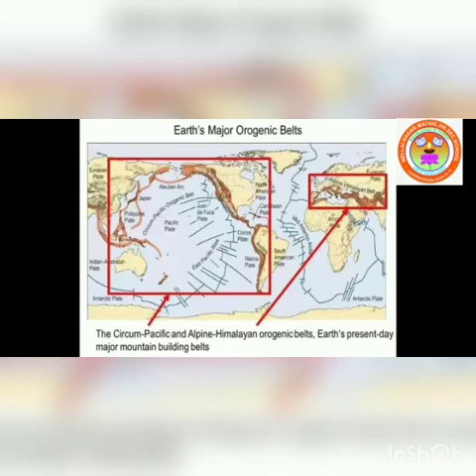Here, the Eurasian, the circum-Pacific and the Alpine-Himalayan orogenic belts, Earth's present day major mountain building belts, are very clearly given in the map, children.